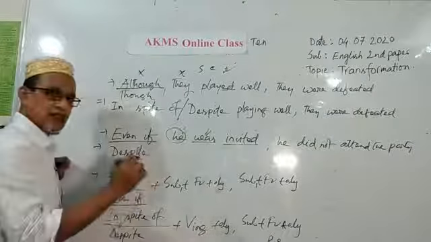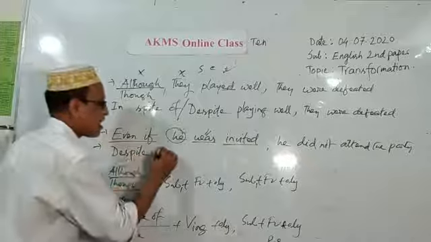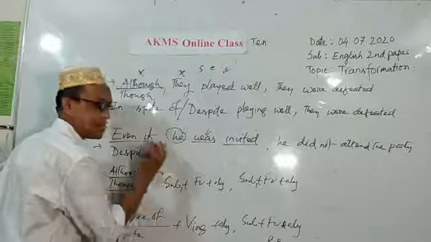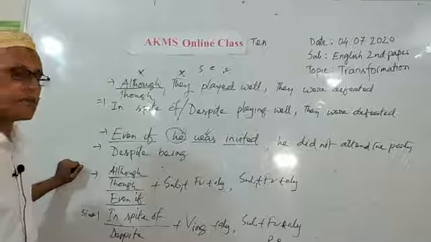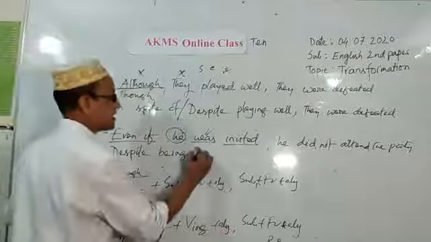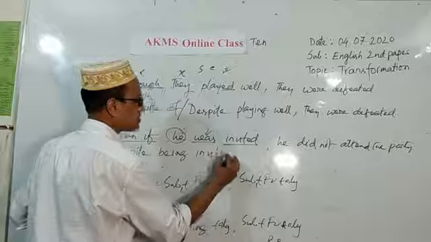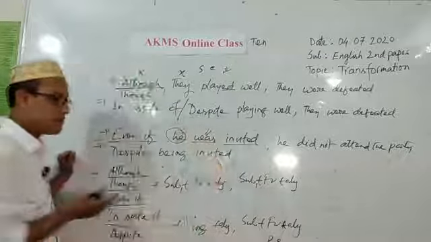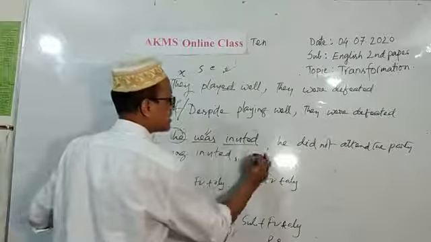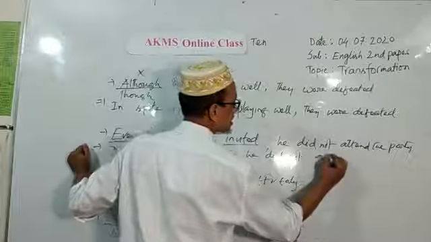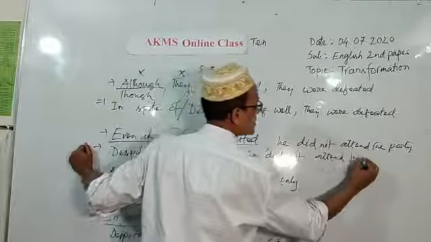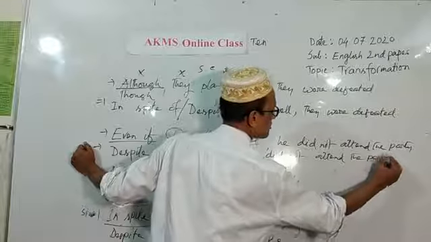I can write the ing form of was. How? Was is a be verb, and I can write the ing form of be. Despite being invited, he did not attend the party.